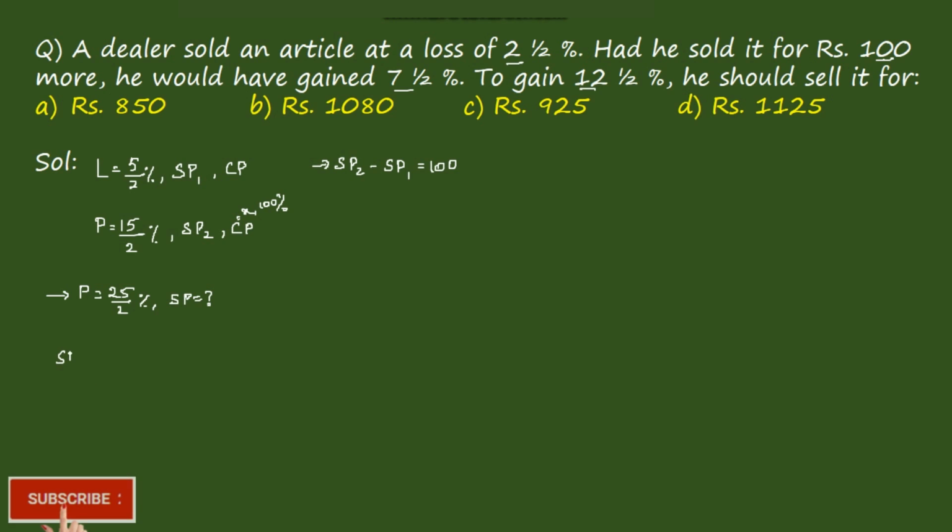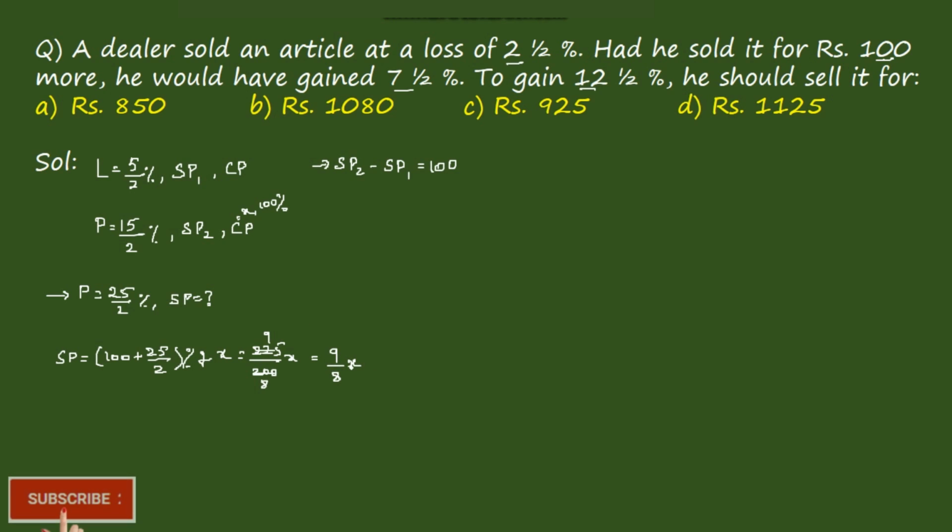Then selling price is equal to nothing but it becomes 100 plus 25 by 2 percentage of cost price X. So it becomes 225 by 200 X, right? It goes by 9, it goes by 8. So which is equal to 9 by 8 X, right?